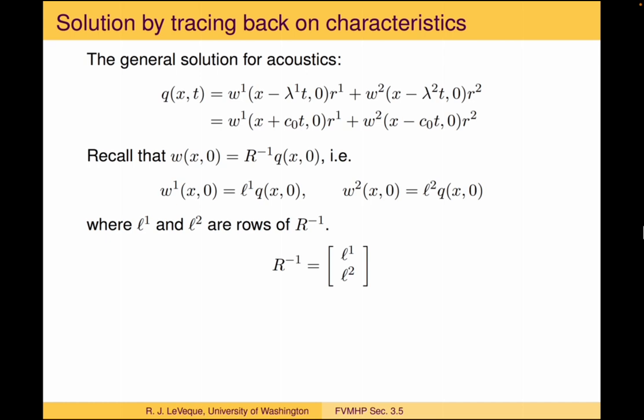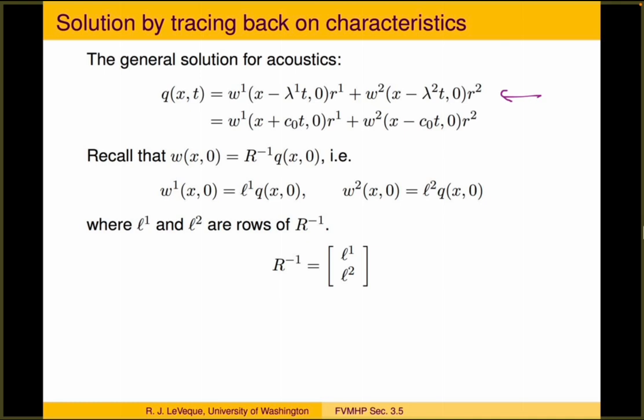So I've written here the solution to the acoustics equations again as a linear combination of R1 and R2 eigenvectors, where the characteristic components are given in terms of the eigenvalues minus C and plus C. If we take our initial Q and split it up as a linear combination of the eigenvectors, that gives us the initial W.